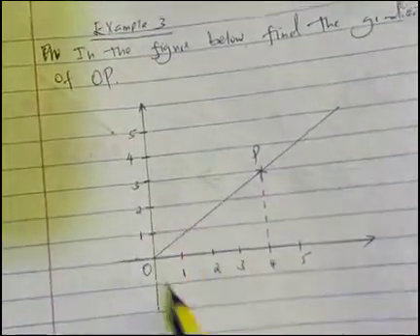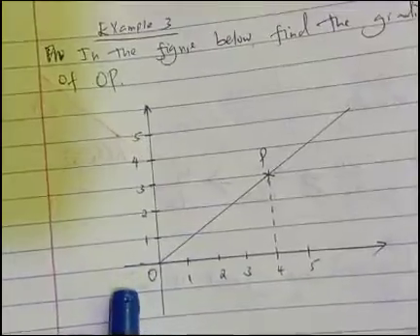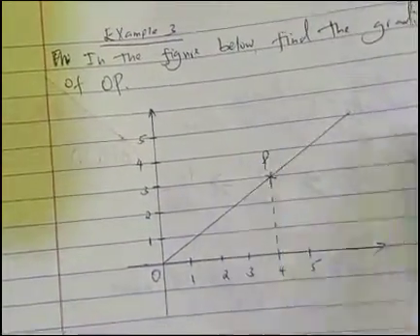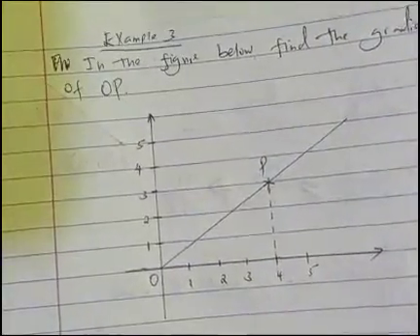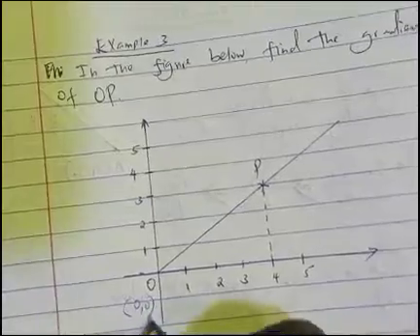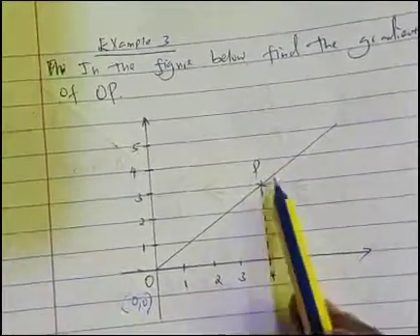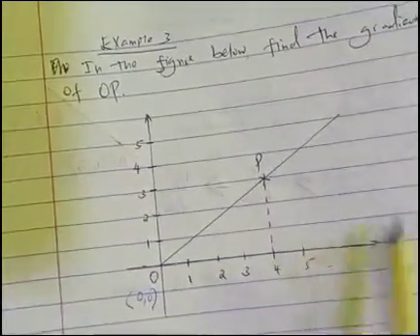So we have here our Cartesian plane, and we are told that this one is point O, and we have point P here. So we know that the coordinates of point O is 0, 0. And then the coordinates of P will start with the x coordinate and then the y coordinate.